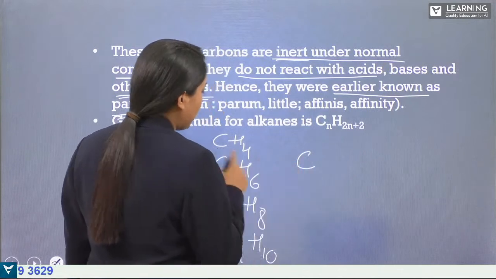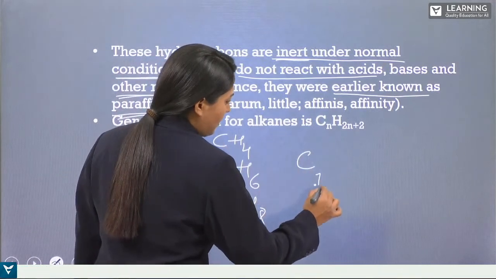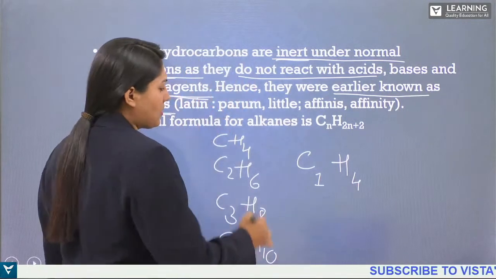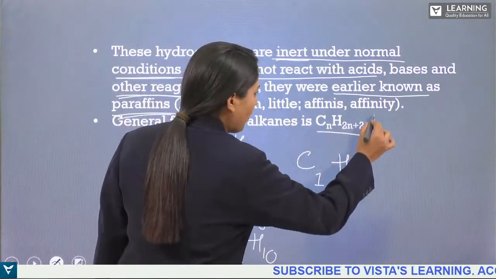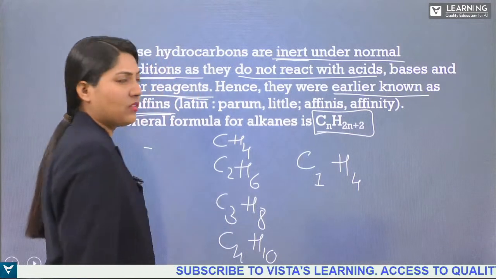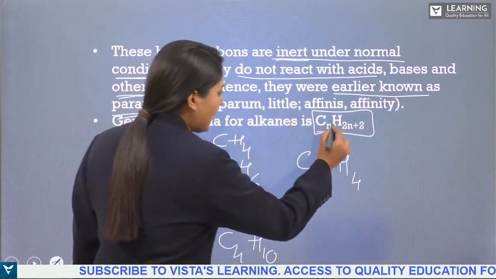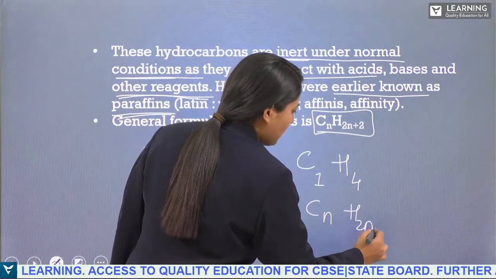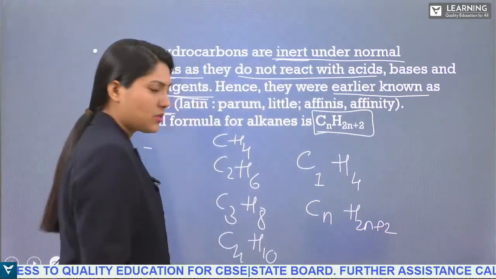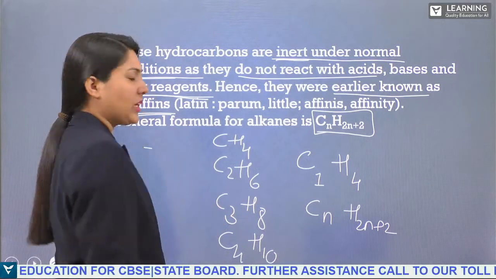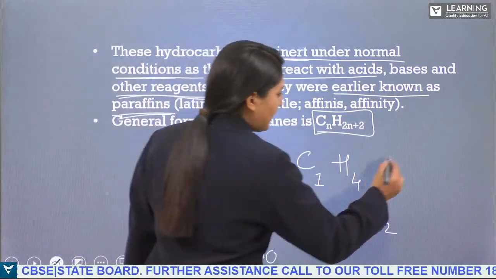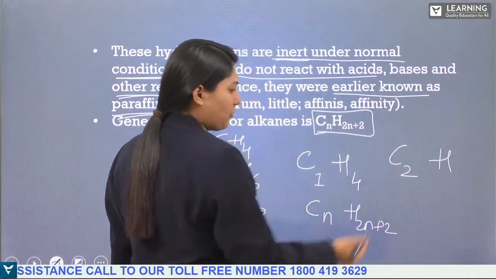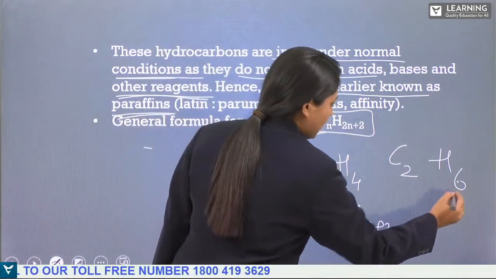So in general, how is the formula given? If I take C as 1, then hydrogen is 4, right? So we can take this in the form of a general formula. That means CnH2n plus 2. So if I try this for ethane, n is 2, so C2 and H2n, 2 twos are 4, plus 2 is 6.